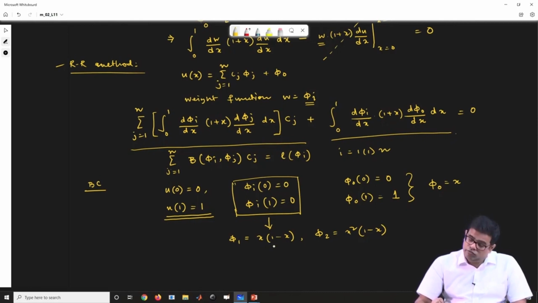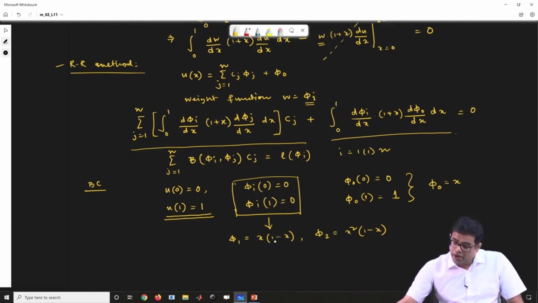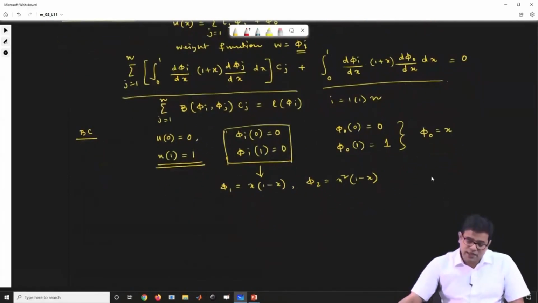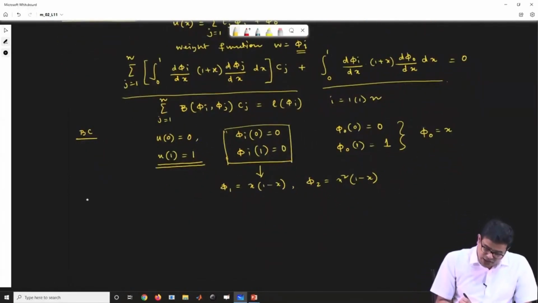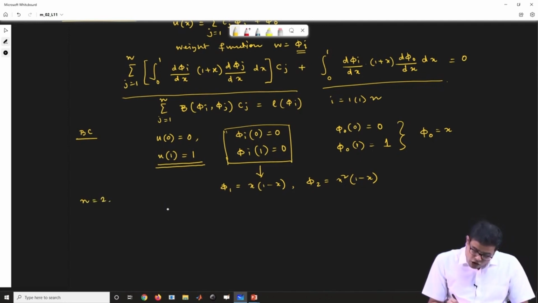Now finally my approximation, let us consider in the previous expression n equals 2. So my approximation of u(x) is something like this: c1 into φ1 plus c2 into φ2 plus φ0.